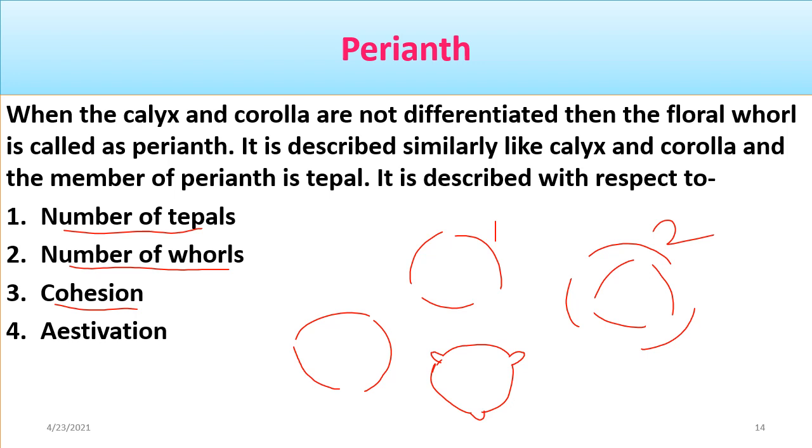So it may be polyphyllous or gamophyllous. And aestivation, similarly, as we saw, may be valvate, twisted, imbricate, quincuncial, or imbricate alternate. So various kinds of aestivation, as we saw in previous slides, are present with respect to perianth also.